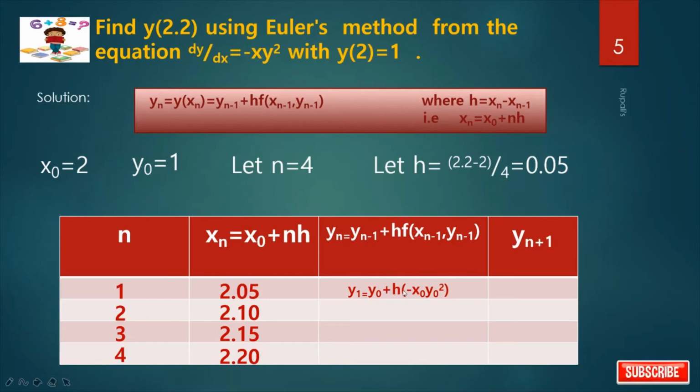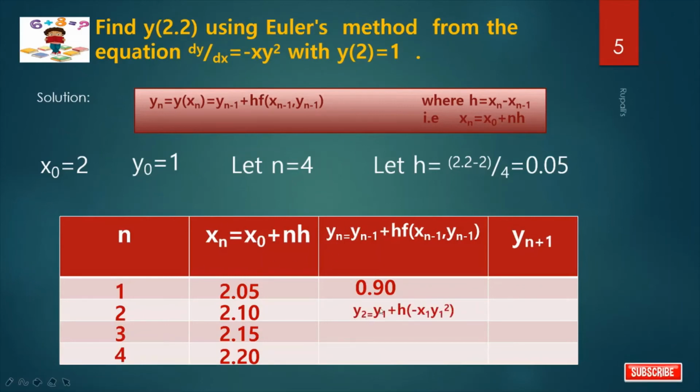So here you have to write h, and this function by x0 and y0, it is h(-x0 y0^2). So y0 value is 1, x0 value is 2 and h value is 0.05. So after calculation, I get the value y1. It is 0.90.